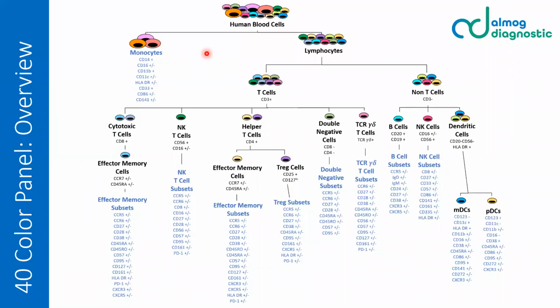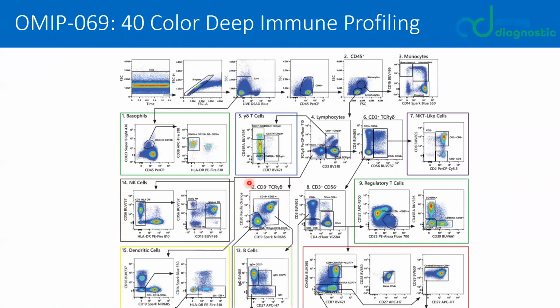Here are all the cell subtypes and the markers that are used to phenotype all the cell types. And here we can see the analysis, the gating strategy that was used. We will not go through it in detail because it really bears a lot of data, but look at how nicely the monocytes, the non-classical and intermediate monocytes, are resolved and seen here. Also, gamma delta T cells are very nicely resolved here.